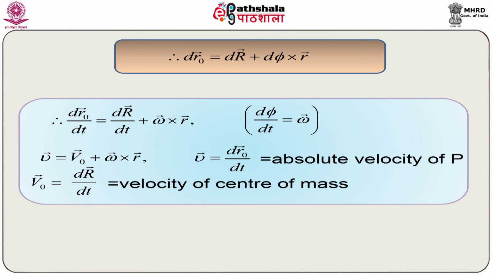Here small v vector is d dt of r o vector, the absolute velocity of P, whereas capital V vector suffix O is d dt of capital R vector, which is the velocity of center of mass, that is the velocity of O. It is also known as translational velocity of the body, whereas omega is the angular velocity of the body about the instantaneous axis of rotation passing through the point O.